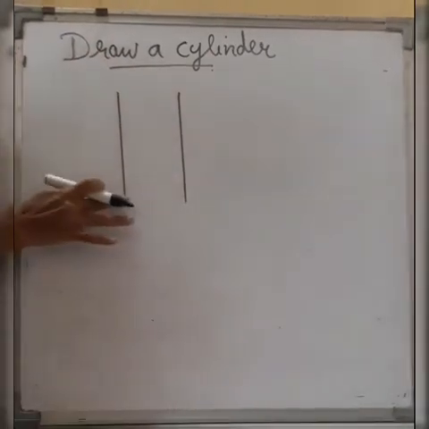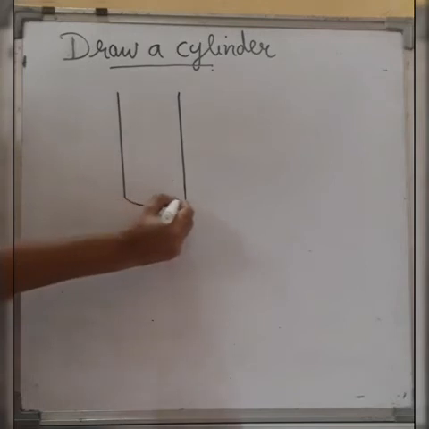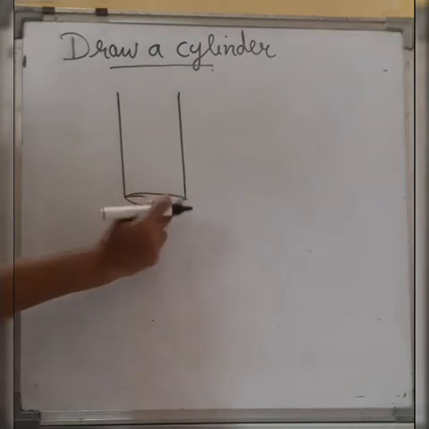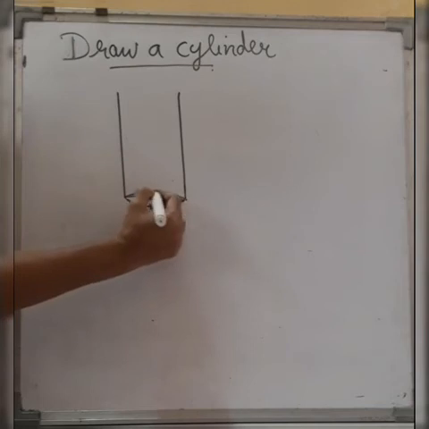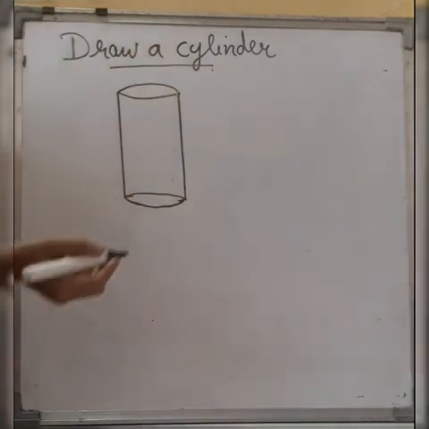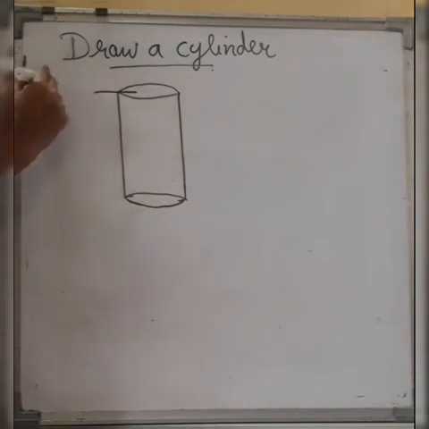And now join these lines in this way. Here also join these lines. Okay. Now it is a cylinder.